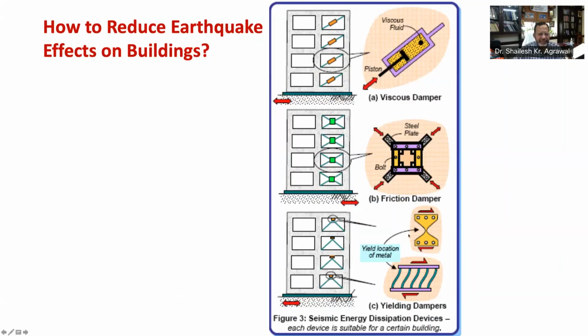Figure 3c shows yielding dampers which absorb energy by metallic components that yield. In India, there are few buildings with friction dampers. One such 18-story RCC building exists in Gurgaon.